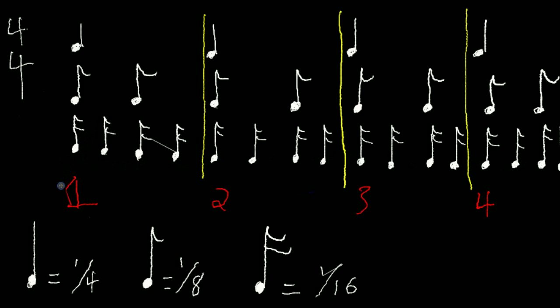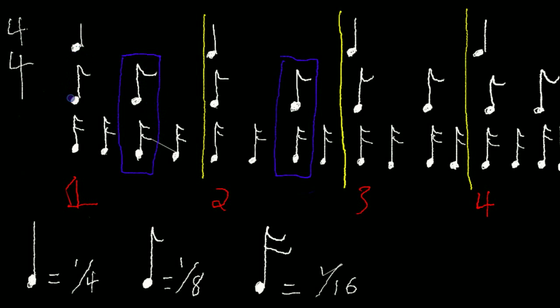But the way you would count this is 1 e and a 2 e and a. If you notice, and I'll label this in blue, we could circle all the ands, all the upbeats. I'll definitely go over this much more in future videos, so if this doesn't make a lot of sense now, hopefully it will later.